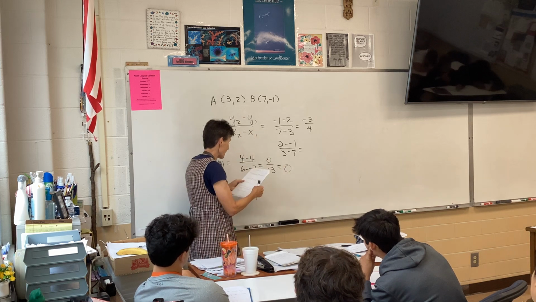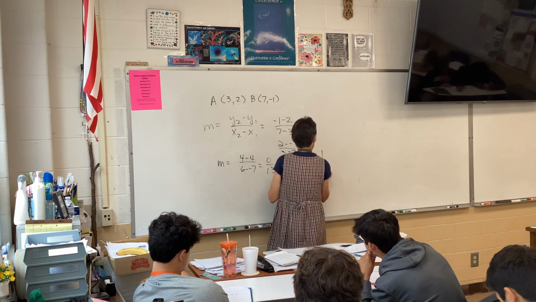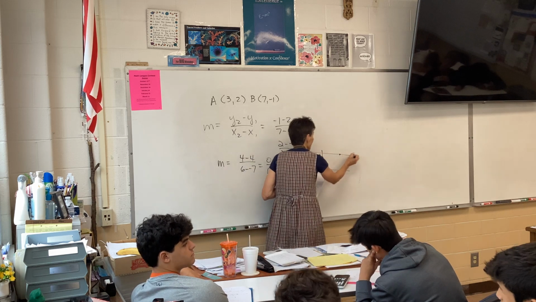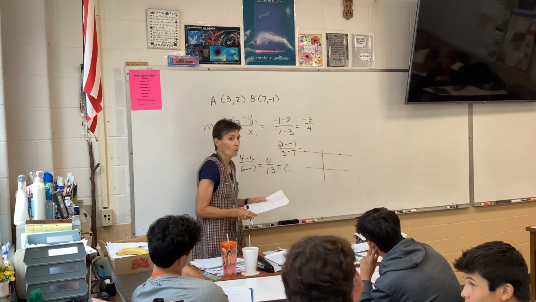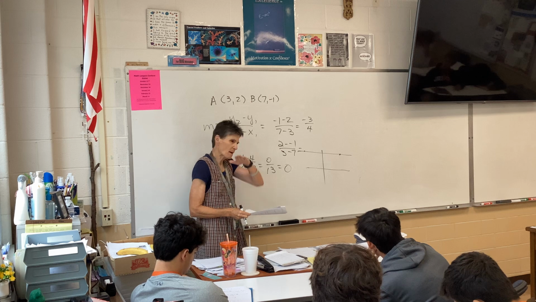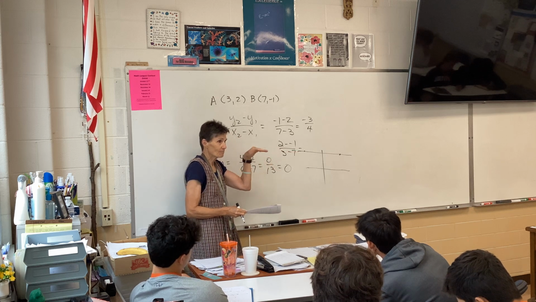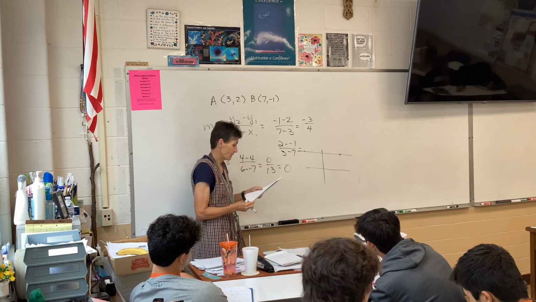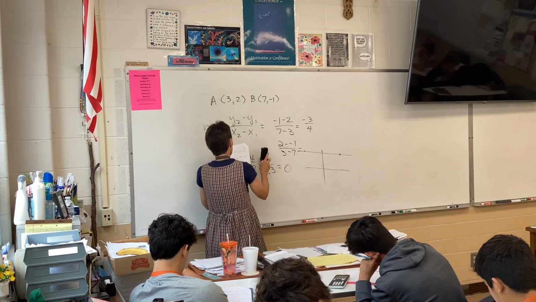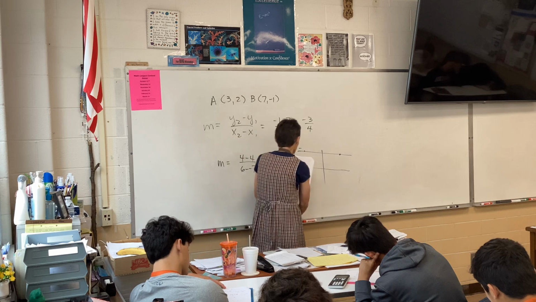If you looked at your 2 points, 6, 4 and negative 7, 4, see how they make a horizontal line? Horizontal lines have a slope of 0. That makes sense, doesn't it?